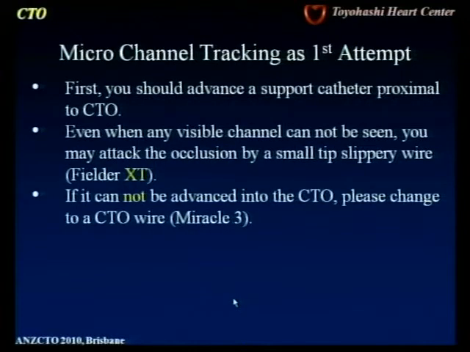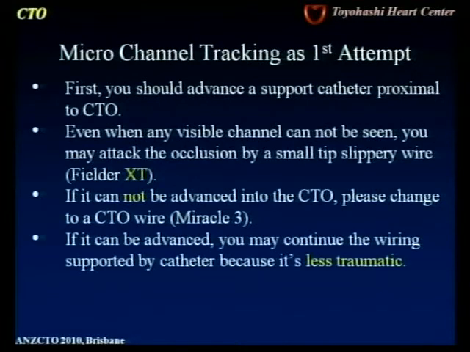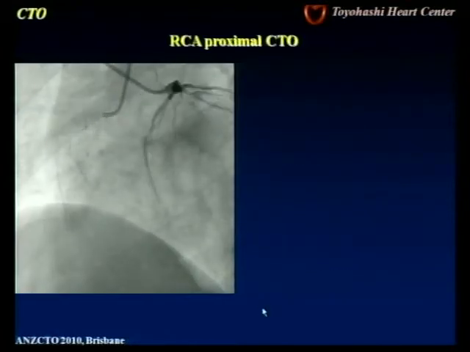Of course, if it cannot be advanced into the CTO, please change the wire to a Miracle 3 or something. And if it can be advanced, you may continue the wiring supported by the catheter, because Fielder XT is basically a less traumatic wire.